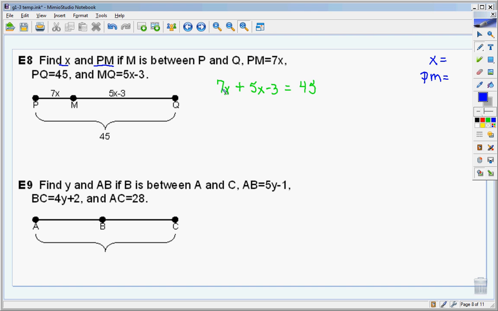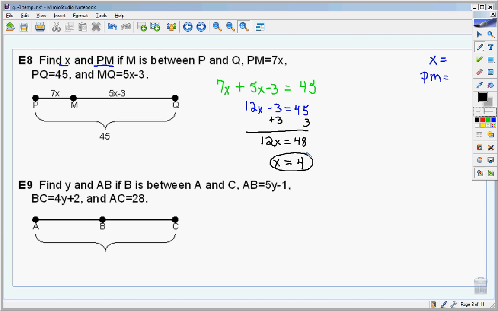If I combine my like terms, 7x and 5x is 12x. Adding 3 to both sides, 12x is equal to 48. Dividing by 12, x is equal to 4.